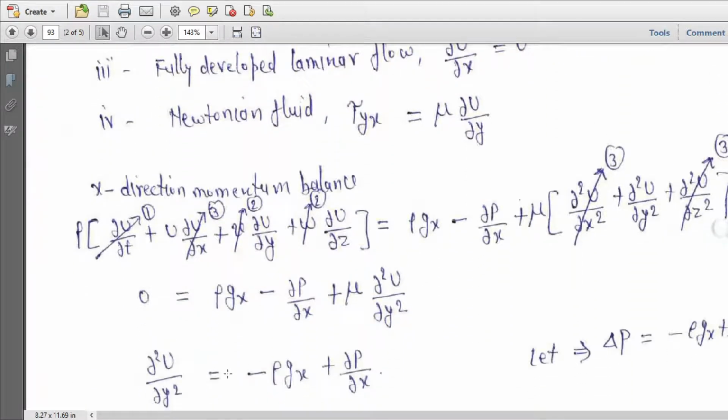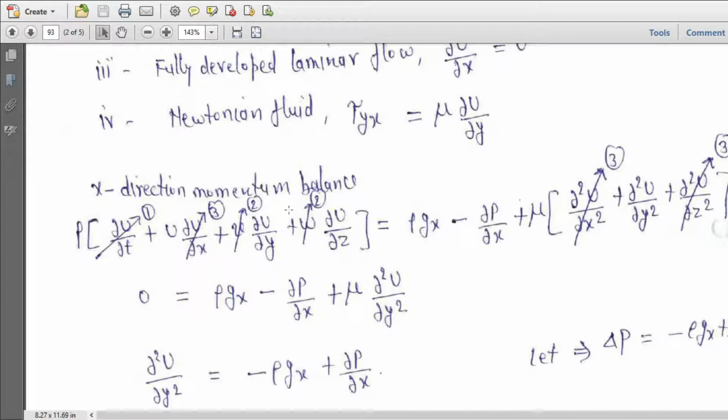So if we apply the X momentum balance, which is the direction of the flow, the first term gets cancelled due to steady state operation. The second term, del U upon del X, gets cancelled due to fully developed flow in the X direction.